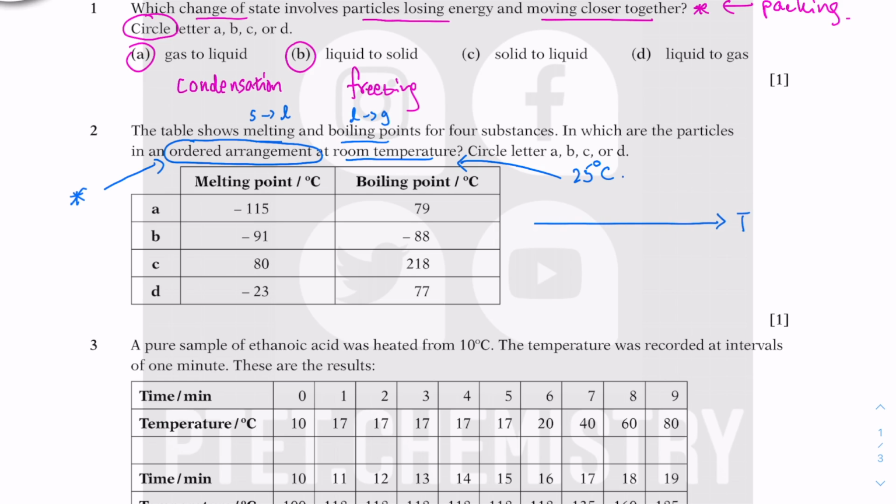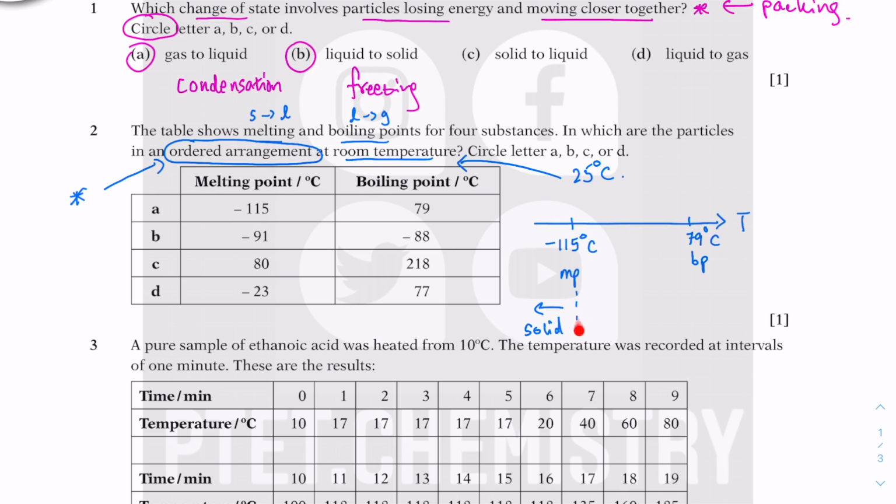If this is temperature, the negative scale is lower, so there's minus 115 degrees Celsius as the melting point, and 79 degrees Celsius is the boiling point. Anything lower than the melting point means you haven't melted, so you are still a solid.